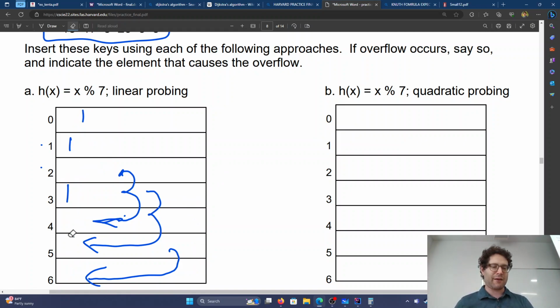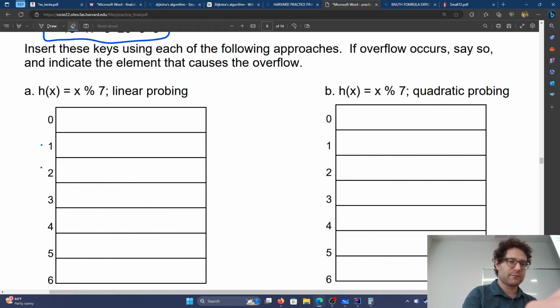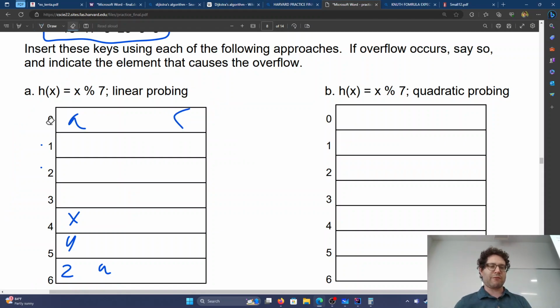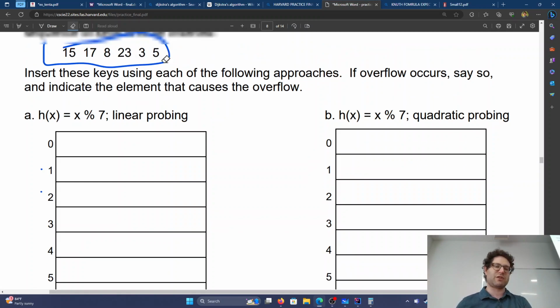But suppose we inserted X, Y, and Z into here, and we wanted to insert A. A would just simply go to the next available spot. It wraps around. We're not talking about reallocating here. We're just trying to do this.